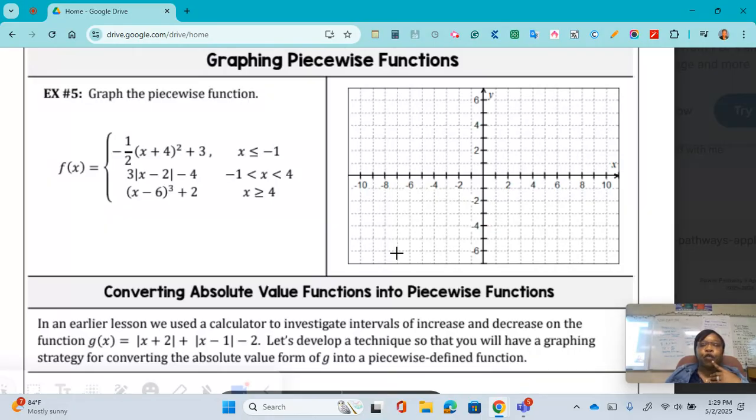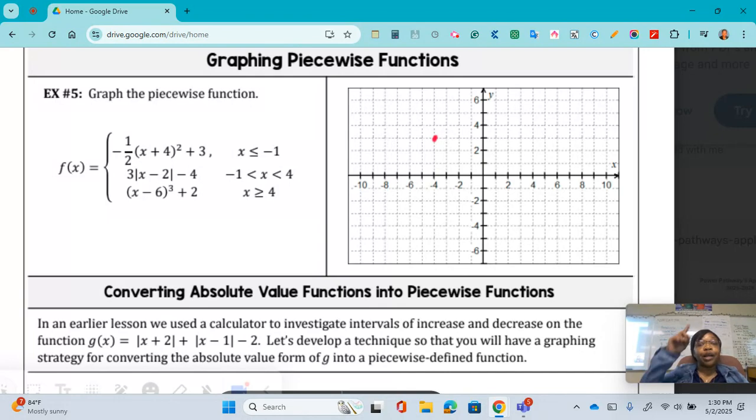And the plus 4 on the inside, remember that moves the opposite direction, so that's going to move in what direction? It will move to the left. So this function moved up 3 and to the left 4, so we have a vertex that starts here. All right. This is a negative function, so it flipped over the x-axis.